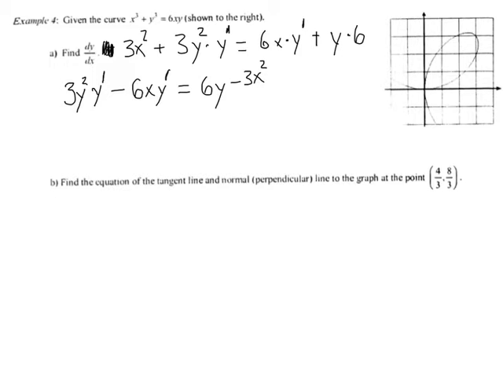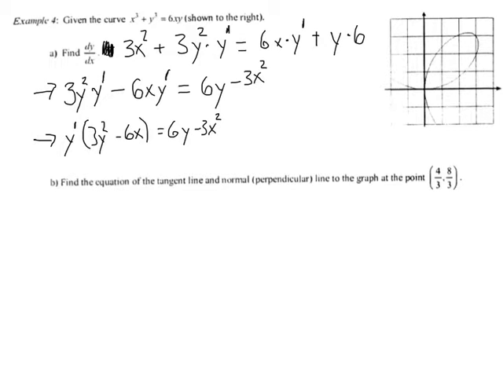This became just a 6 times y. And this chunk up here just moved to the front. So that's the first step that I would do, and then after that we want to factor the y primes out to the front. So the y primes got factored out to the front, 3y squared is left behind, and minus 6x is left behind. Nothing changes on the right side.